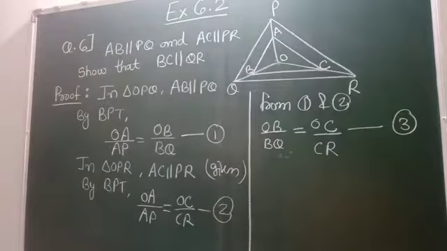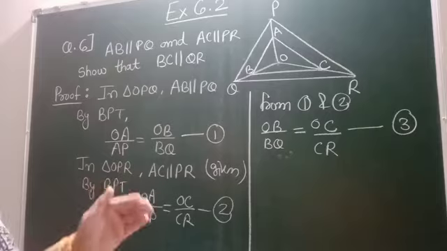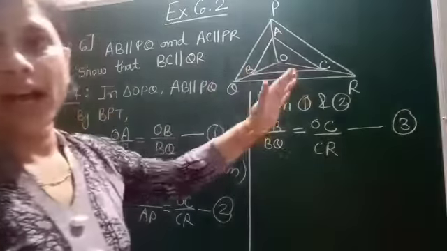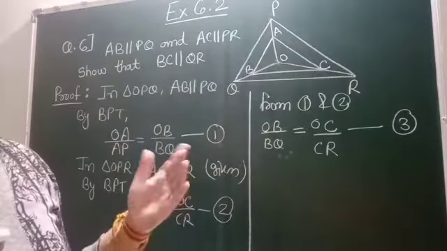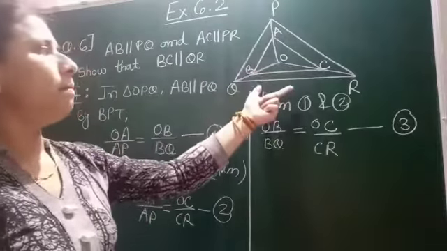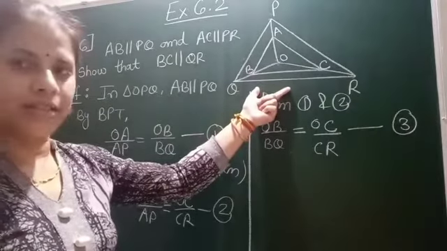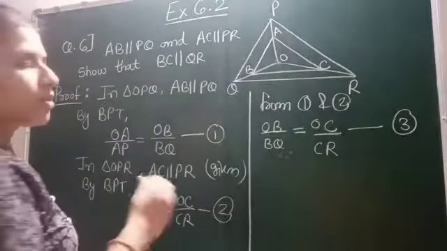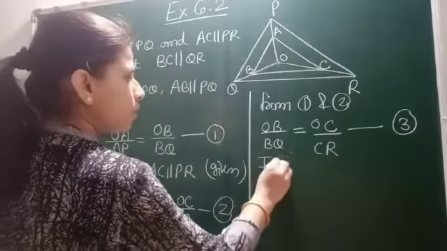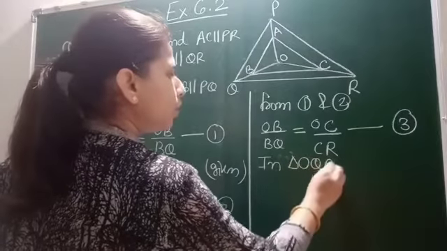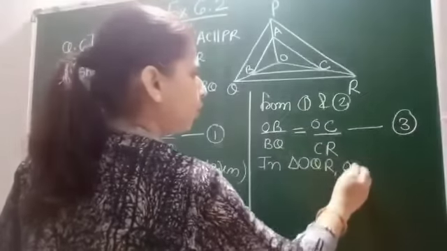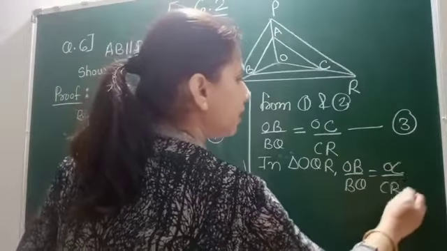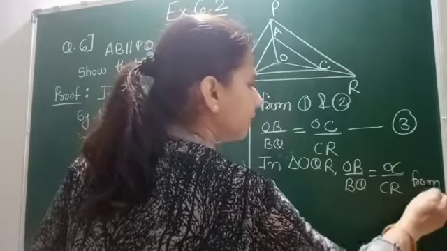As we know, by the converse of basic proportionality theorem, if in any triangle a line divides two sides in the same ratio, then this line will be parallel to the third side. So now we will apply in triangle OQR converse of basic proportionality theorem. So in triangle OQR, OB upon BQ equals to OC upon CR from 3.